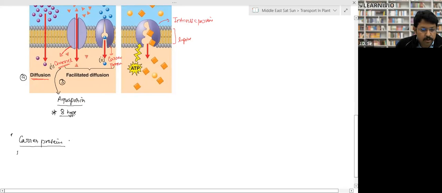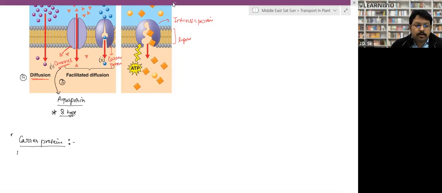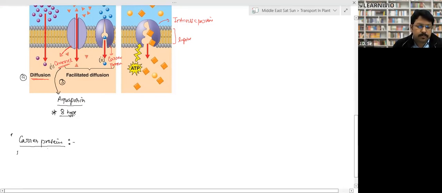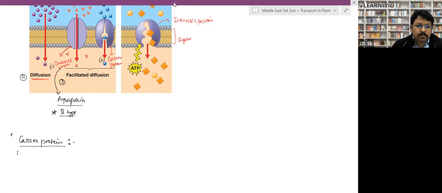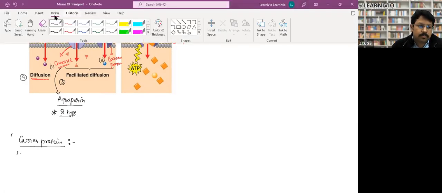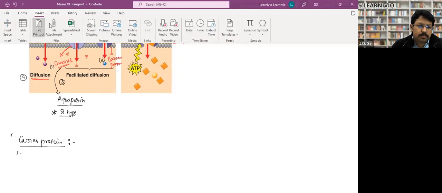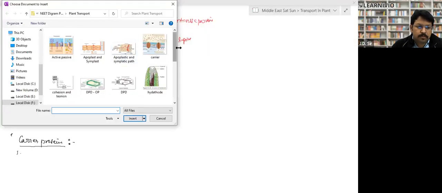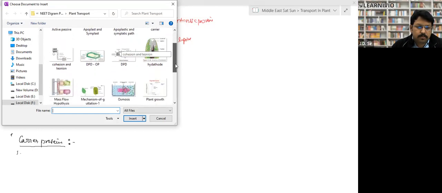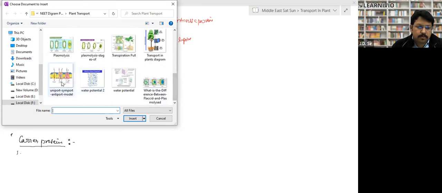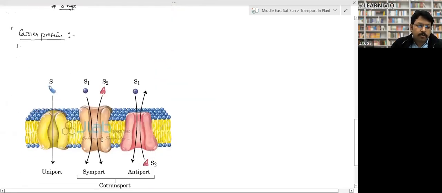It may be of following type, right? Look, carrier protein may be of following type, right?